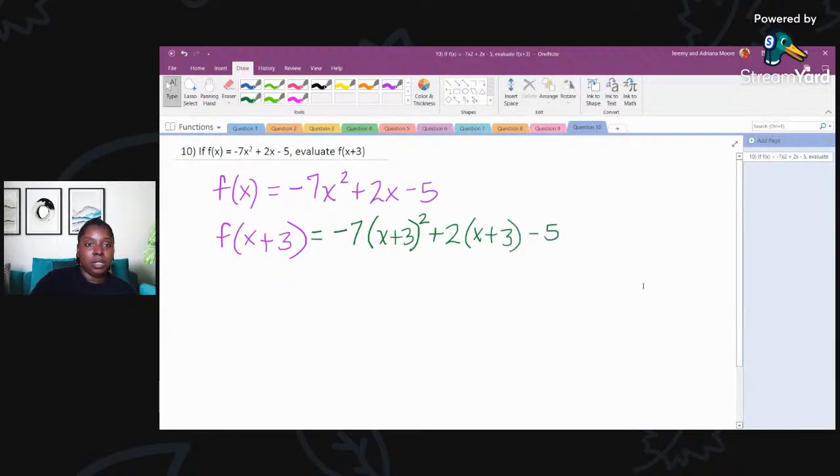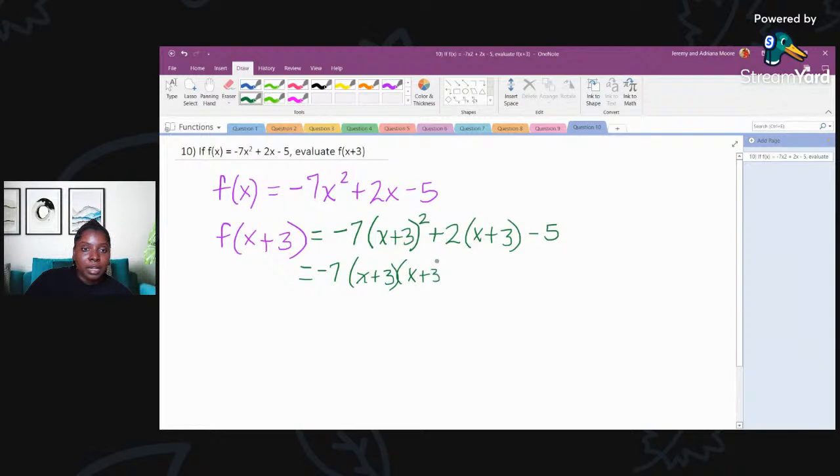All right, let's move this over so that you guys can see it. All right, there we go. Now this is going to look a tad bit ugly, and that's okay. So x plus 3 squared looks like this: x plus 3 times x plus 3.